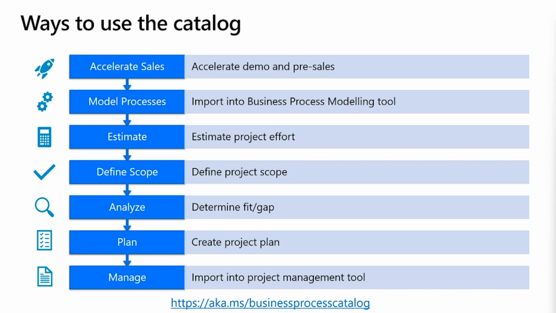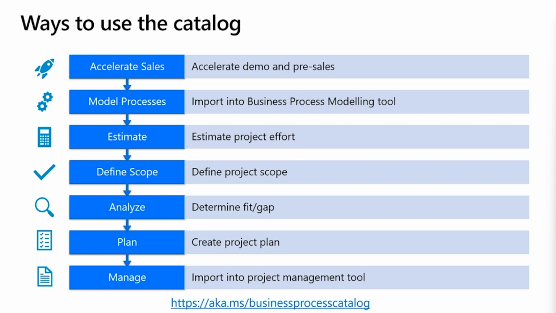We'll have additional sessions in the future to dive into some of these other topics in more detail. One way that you can use the catalog is to help accelerate your demo and pre-sales process by defining exactly, in a discovery phase, what the customer needs are, and outlining that process and using the guidance that we've published to help put your demonstrations together.